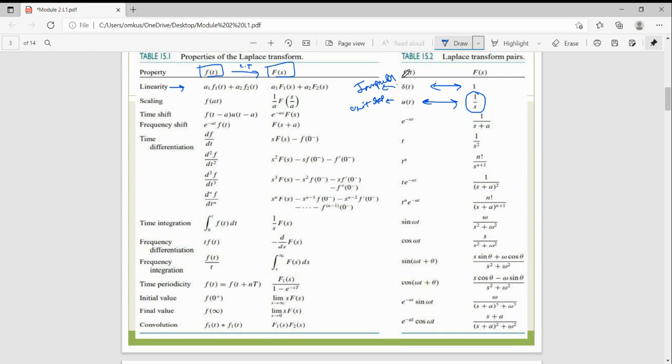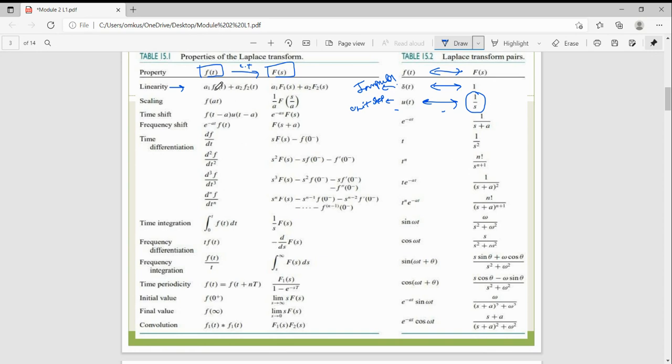For a unit step u of t, when you take the Laplace transform, you directly take 1 by s. You need not derive this. You need to remember what u of t is in the Laplace domain, so while solving any example regarding network theory, you directly use that function.